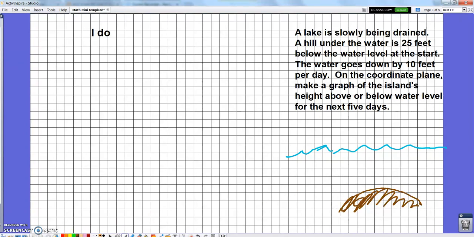And at the start of this, it's 25 feet below the water level. As the water is being drained, the water goes down by 10 feet per day. On the coordinate plane, make a graph of the island's height above or below the water level for the next 5 days.